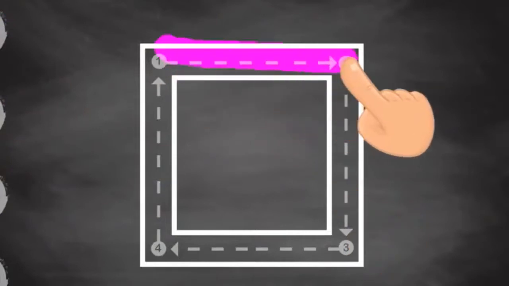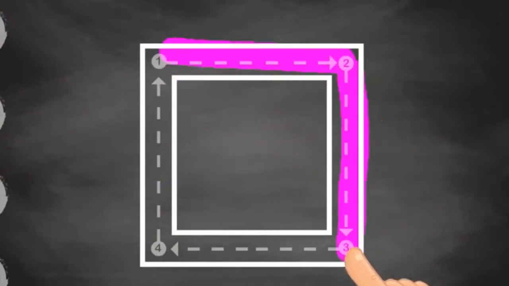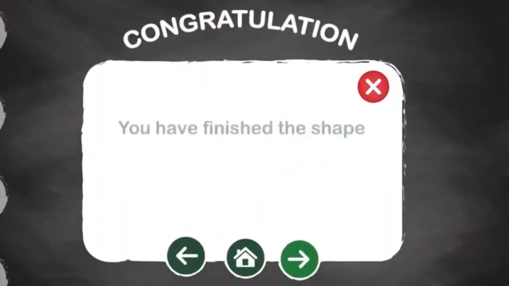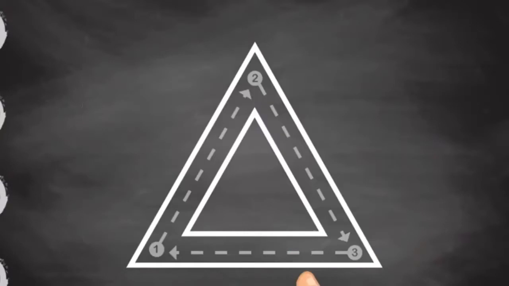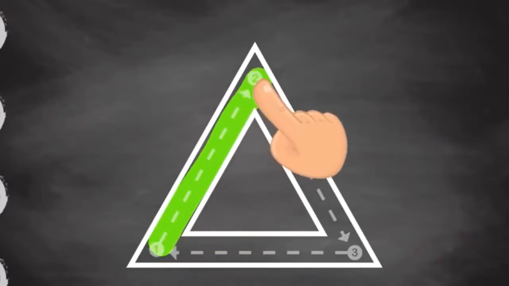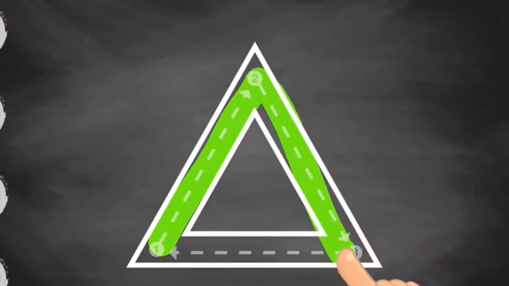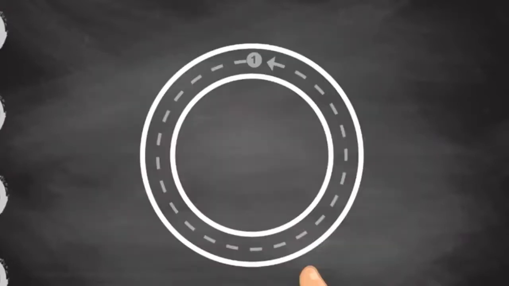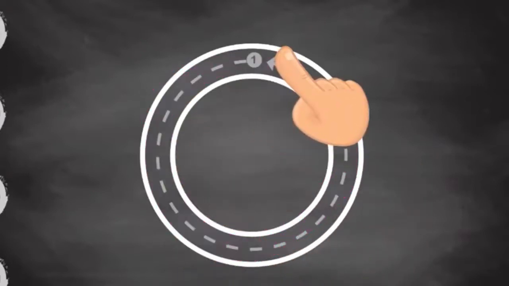Square. 1, 2, 3, 4 sides. That's a square. 1, 2, 3 sides, and that's a triangle. That's a circle with one stroke.